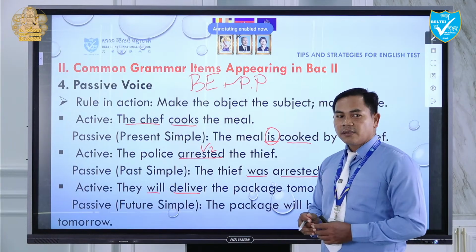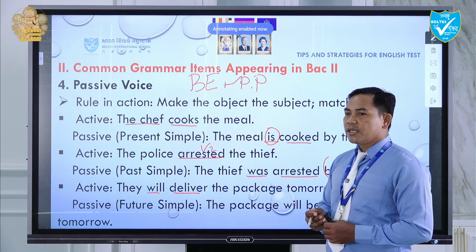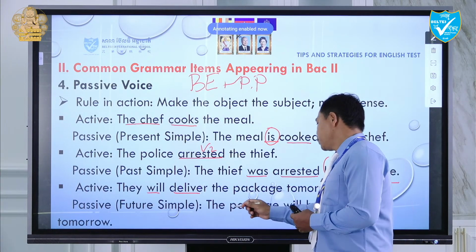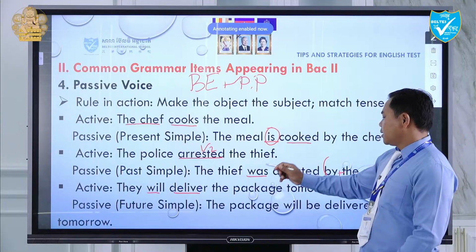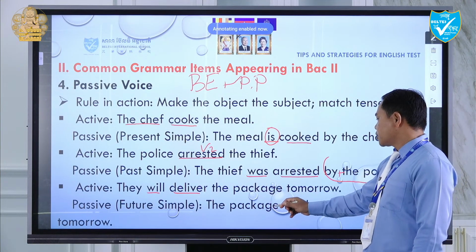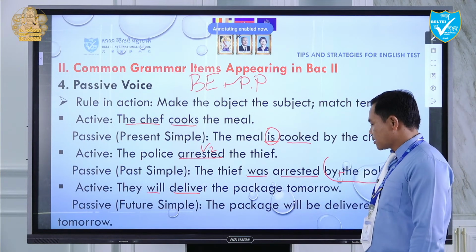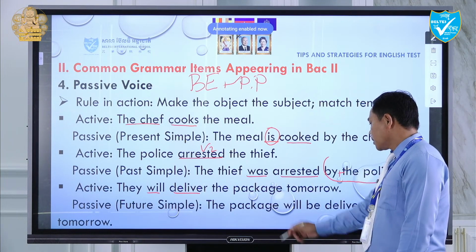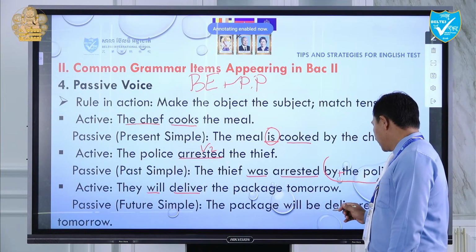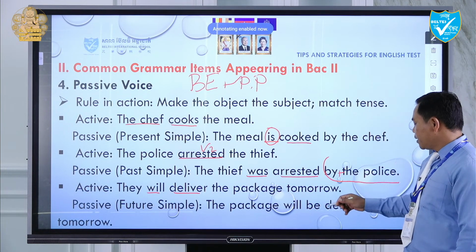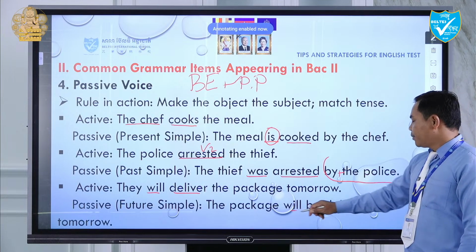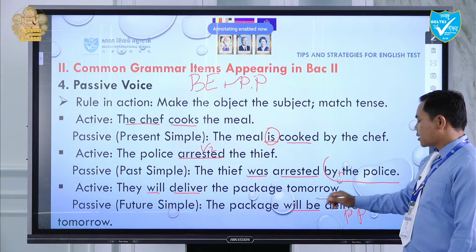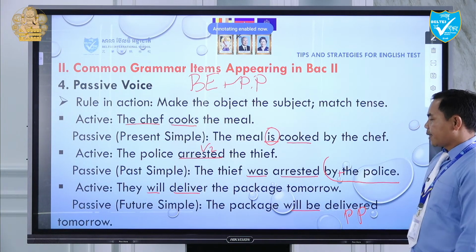Every passive contains the verb to be and the past participle. So in future simple passive, we reverse the object to become the subject: the package will be delivered. Will be plus past participle.